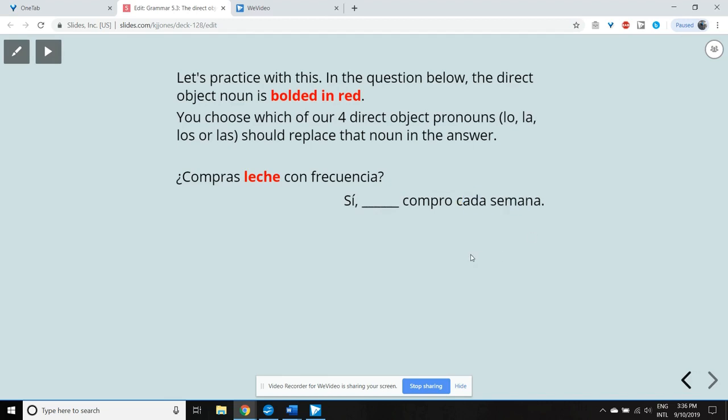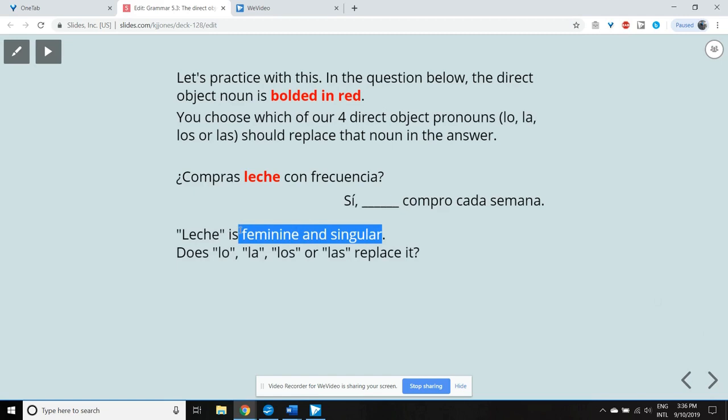The only thing we have to ask ourselves here is, is leche masculine or feminine, and is it singular or plural, right? It's feminine and singular. So, between our possible direct object pronouns, lo, la, los, or las, which is the only one that agrees in both gender and number and can replace this noun?